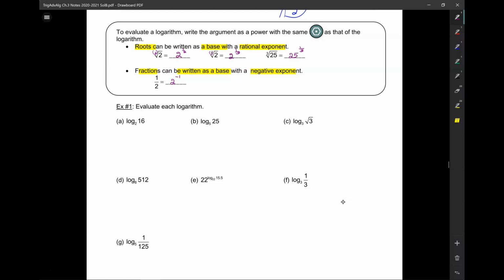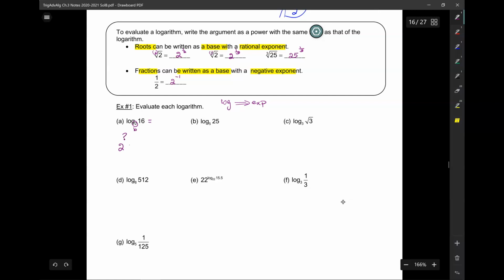So here's what we're going to do. What I have first is log base 2 of 16. Remember, what is a logarithm? An exponent, right? Let's all say that together. What is a logarithm? An exponent. So the answer to this is an exponent. The question is, that's the base, right?